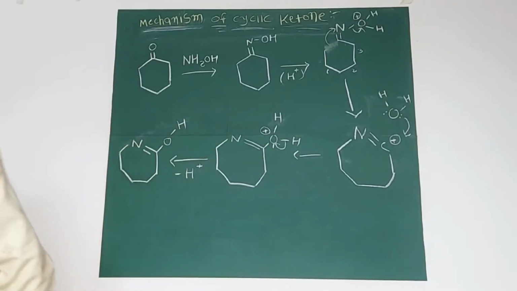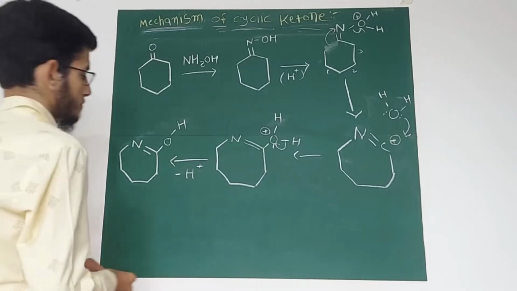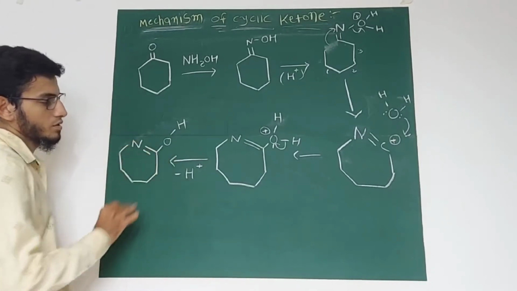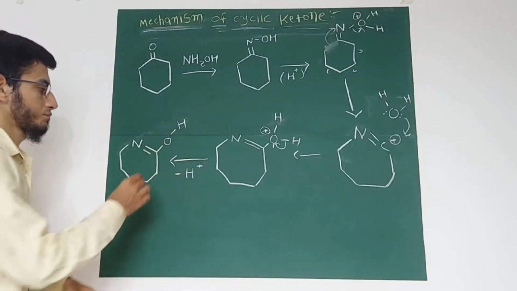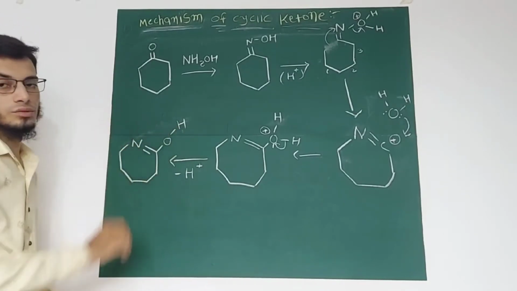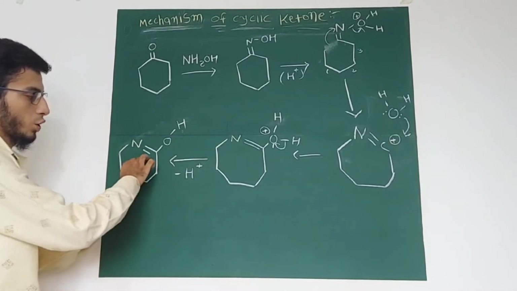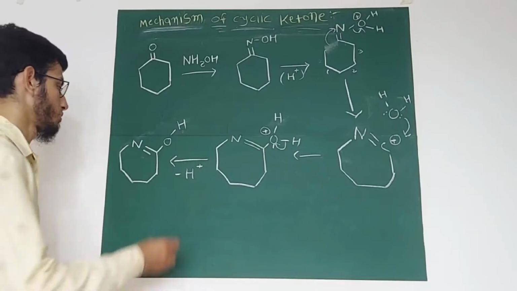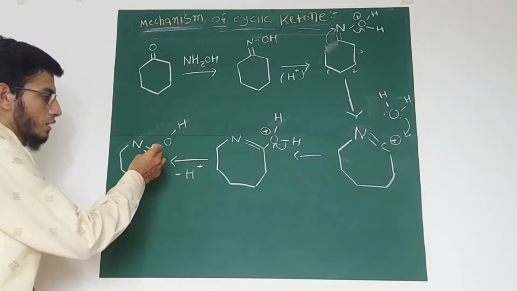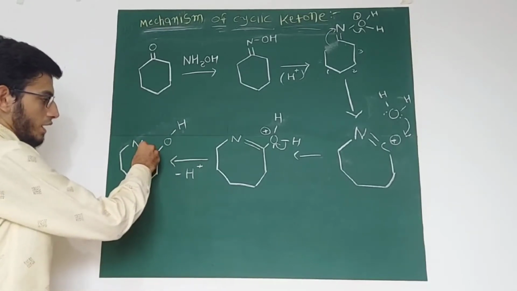So what happened after this. Here you can see that this hydrogen will go to the nitrogen, and this double bond will migrate to this C=O. How? Like this.